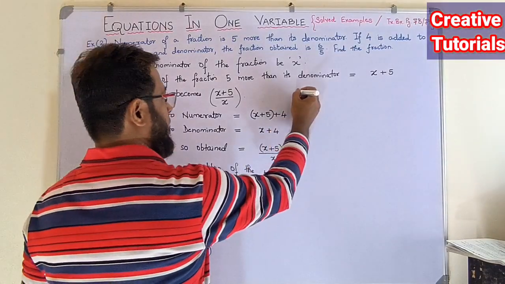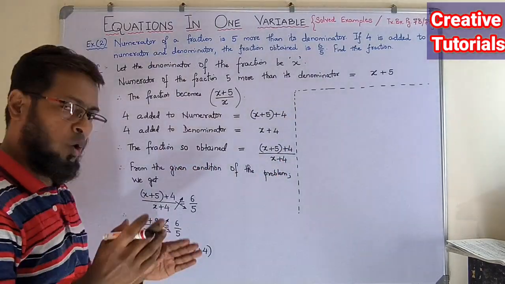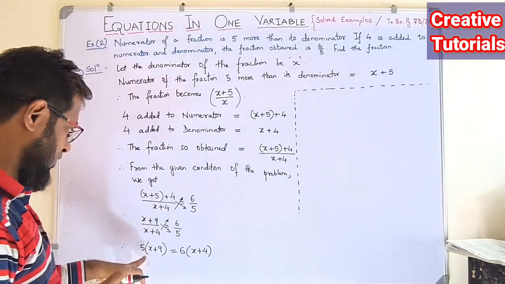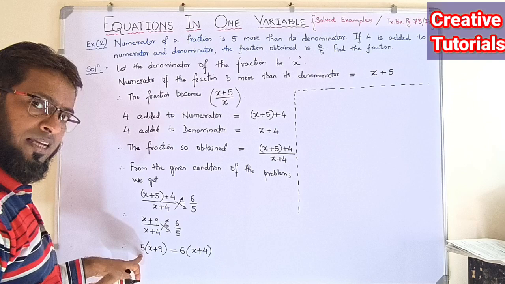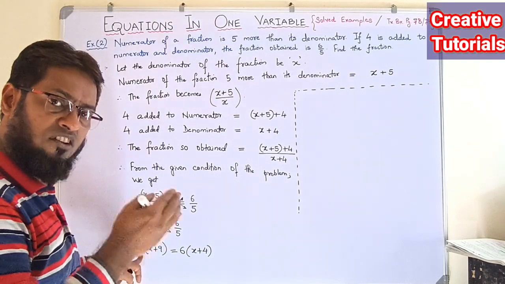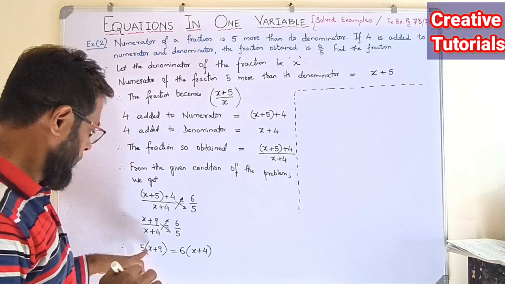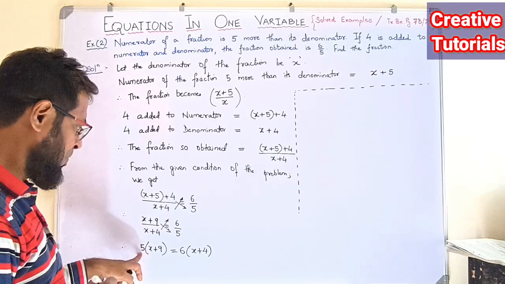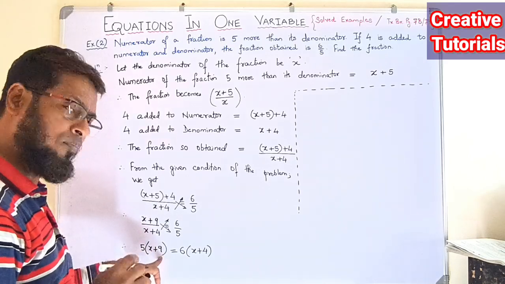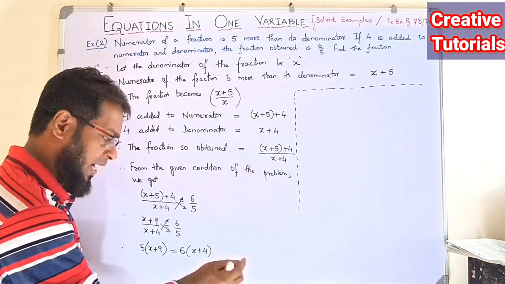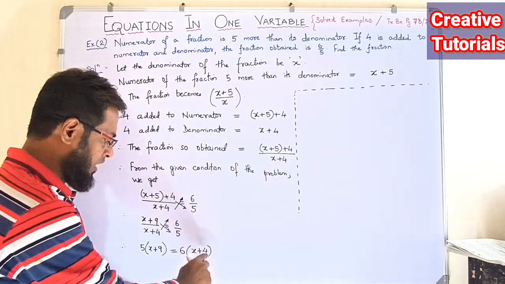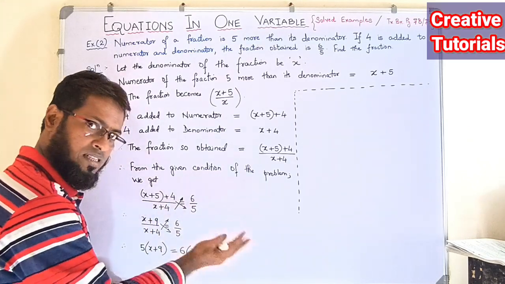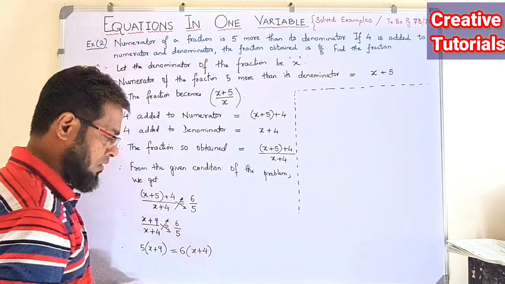Now, let me do it here on this side. We had already seen in previous examples of the previous exercise that whenever we have any number outside the bracket, that number will multiply with each and every term present in the bracket. Here in the bracket we have two terms, x and 9, so this 5 will multiply with x and 9 both. Similarly, on the right hand side we have 6 outside the bracket, and inside we again have two terms, x and 4, so this 6 will multiply with these two terms.